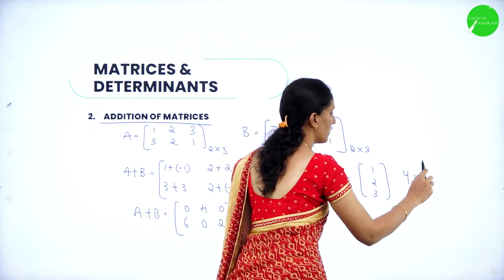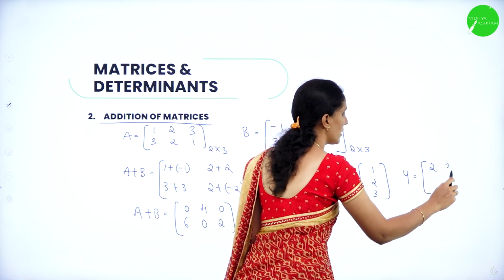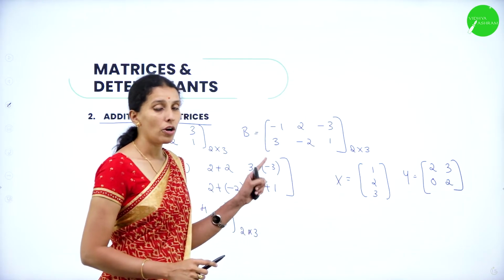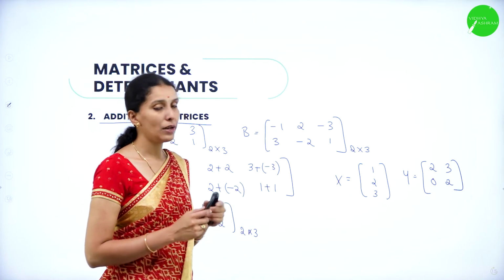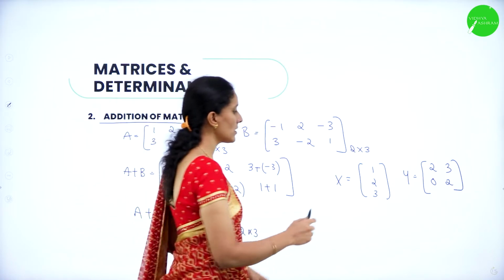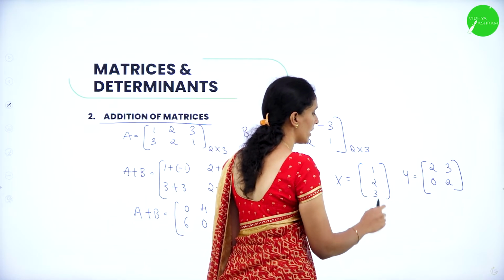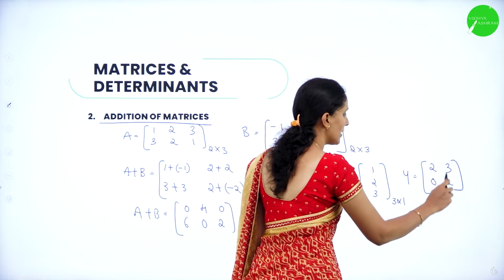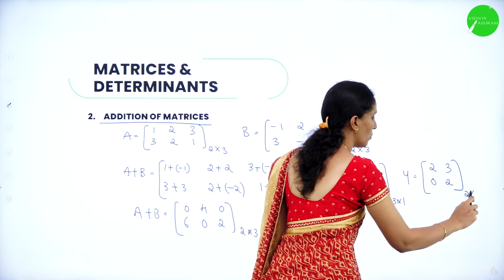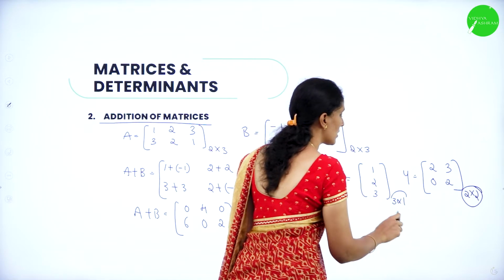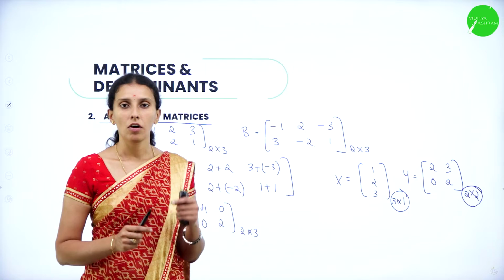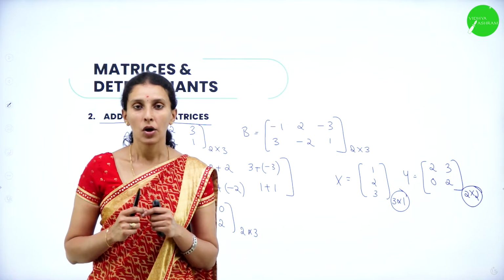Matrix Y: 2, 3, 0, 2. Here I cannot add or subtract any elements because their orders are different. It's a column matrix of order 3 cross 1 and it's a square matrix of order 2 cross 2. Since their orders are different, we cannot define or write X plus Y.